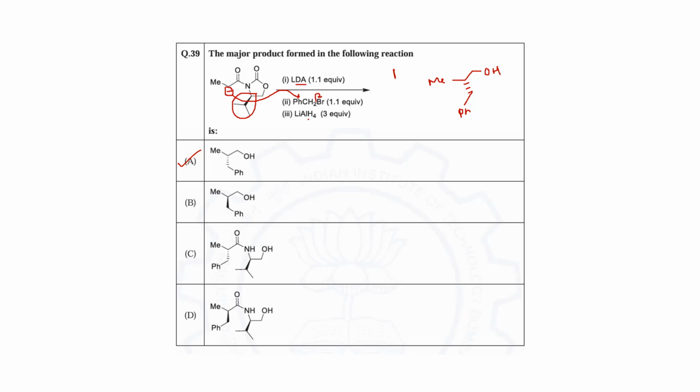And when we add LiAlH4, 3 equivalents, if I go step by step, the first equivalent of LiAlH4 will form an aldehyde.